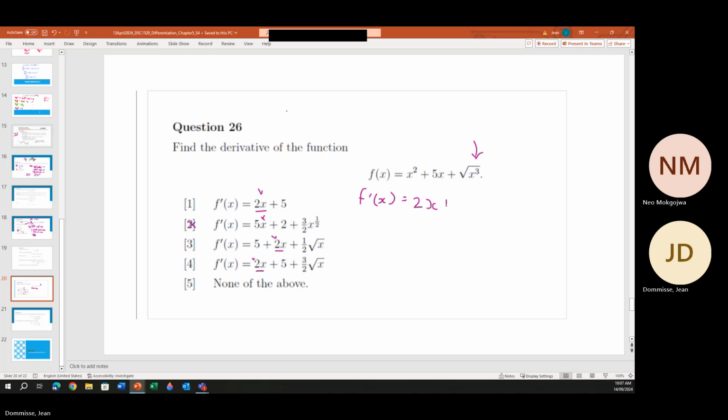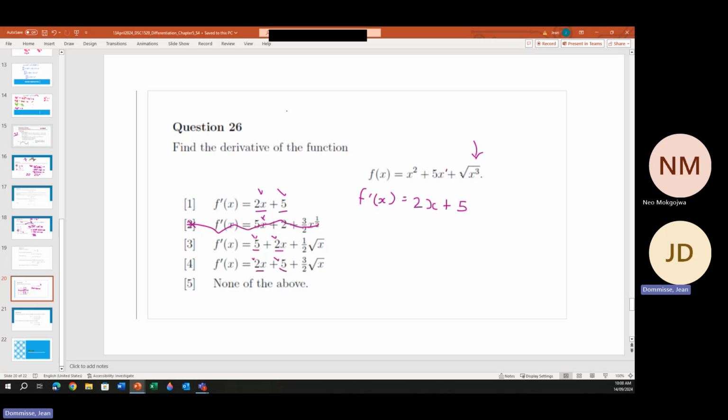Then the second one, 5x to the power of 1, so the 1 goes in front. Times x to the power of 1 minus 1 stays 1, so our second term is 5. So let's look at it. Yes, yes, and yes. Okay, so at the moment we have only eliminated that one, which is not always too great, but at least we have 3 options left.